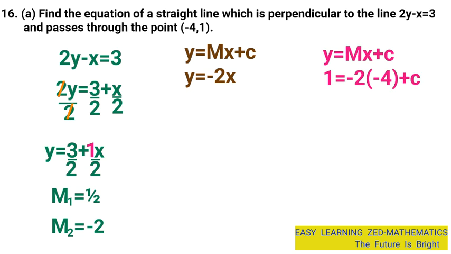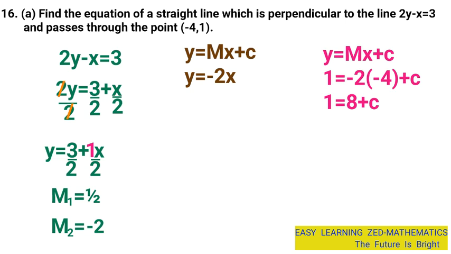Now remember, we just want to find the value of c so that we can put that value of c in that equation. Okay, so now we can say 1 is equal to -2 multiplied by -4 will give us 8, which will be added to c in order for us to get 1. Then we're going to put like terms together.